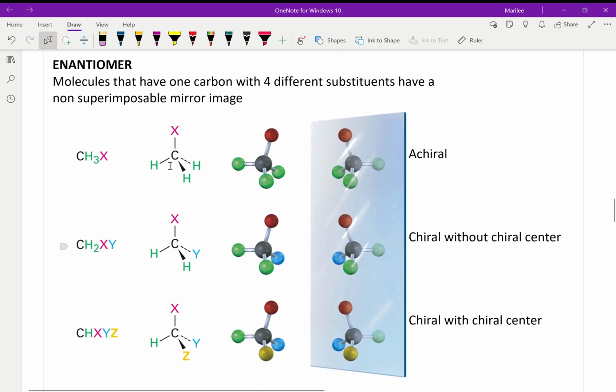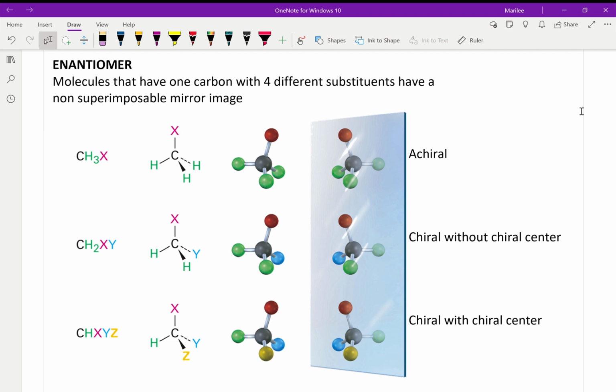The center carbon is bonded to 3 hydrogens and an X, shown by the red sphere here. The blue area is technically the mirror image of the molecule. When we place the mirror image on top of the original, it's superimposable, so therefore it's achiral.